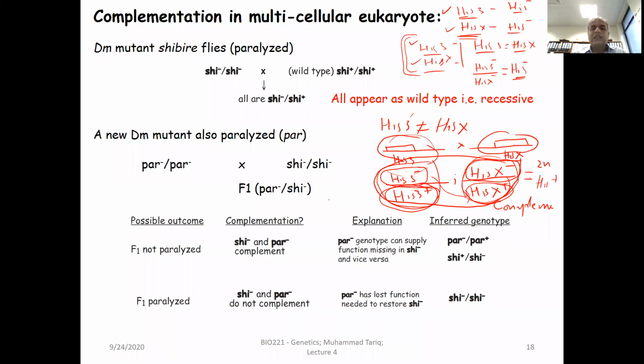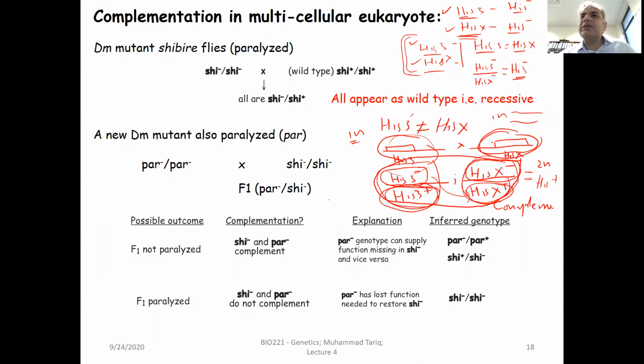Okay. Sir, where did the wild type copy come from if they're both recessive? Yeah, because we have haploids, the gametes, and there are 16 chromosomes. Let's say on one chromosome his X is lying and his 3 is lying on a different chromosome.